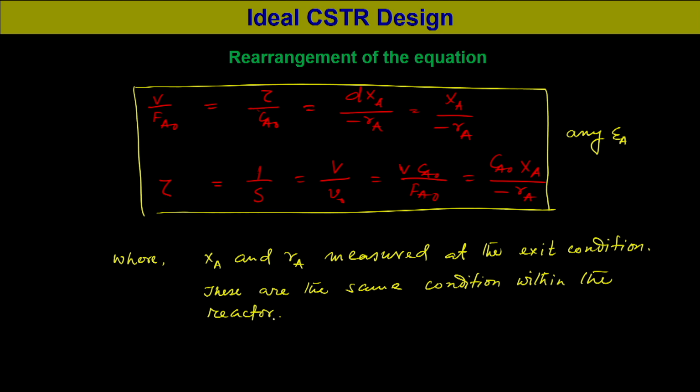As you know, for perfectly mixed flow reactor there is no special variation of the concentration. So, the concentration which we measure at the exit conditions should be same at the inside the reactor at any location at any time.